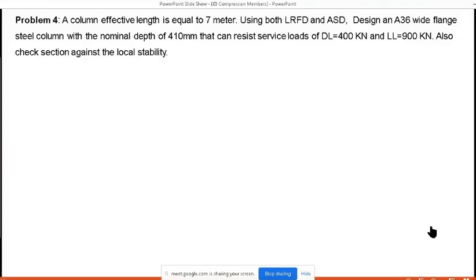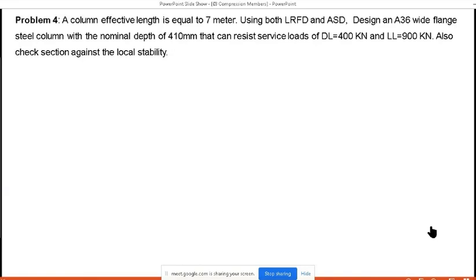So yung next topic natin is the design of compression members. So we have here an example. So last week, yung example doon sa ating video, doon sa ating compression member is just the analysis ng ating compression member.